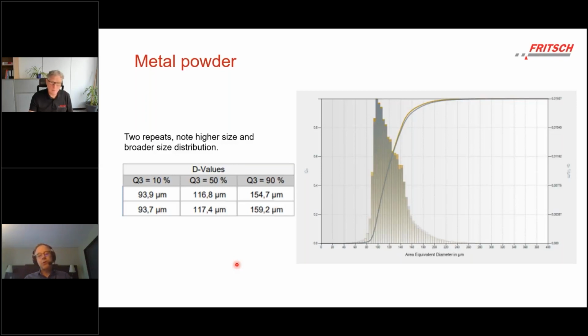This is a larger particle size. In fact, the distribution is a bit broader. Again, in metal injection molding, you are still interested in things like powder flow, how fast the powder flows into the mold, and that's going to be affected by both size and shape.